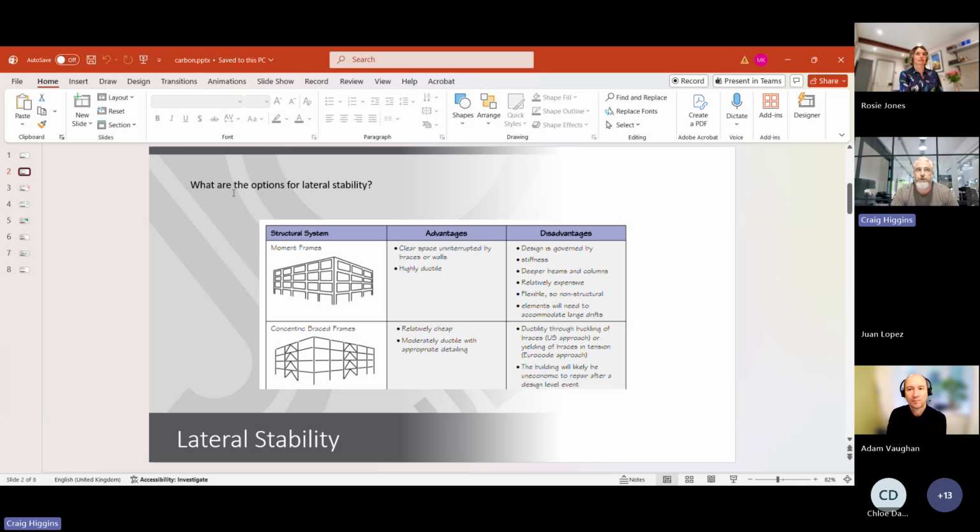So the only way you can really truly reduce embodied carbon within a structure is to use less material, and using less material is less expensive, which is probably, as Rosie pointed out, why structures in particular have always had a bit more of a focus on reducing carbon.